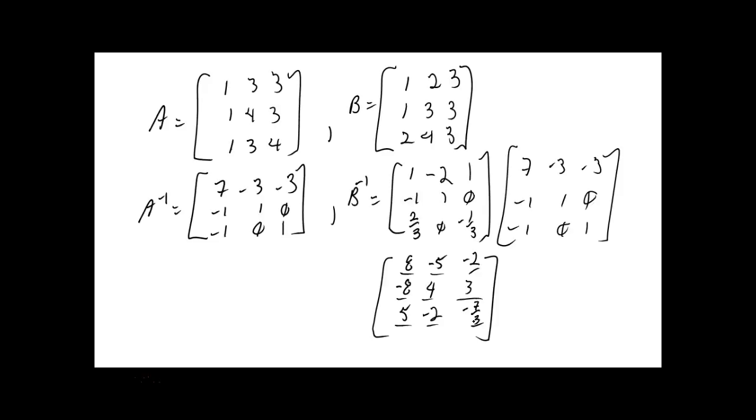Whereas the other way, we multiply these two together and then find that inverse. This is finding two inverses and one product; this is one product and one inverse. Generally, it's easier to do it that way. But since they gave us the inverses, we didn't have to find those on our own.